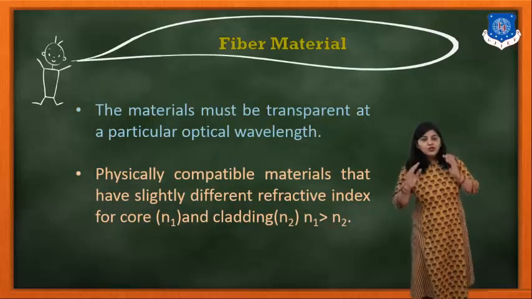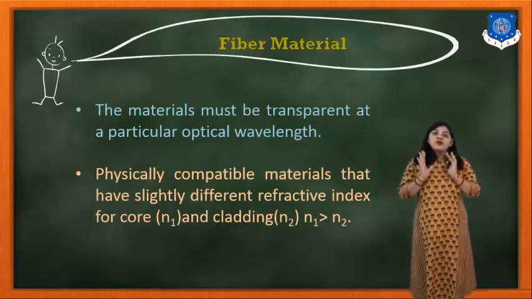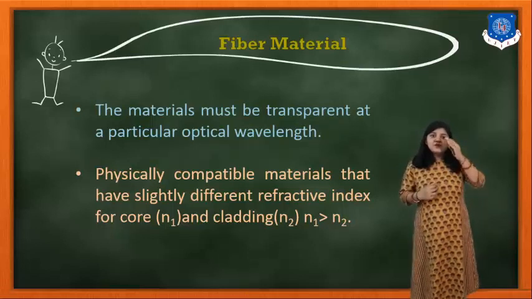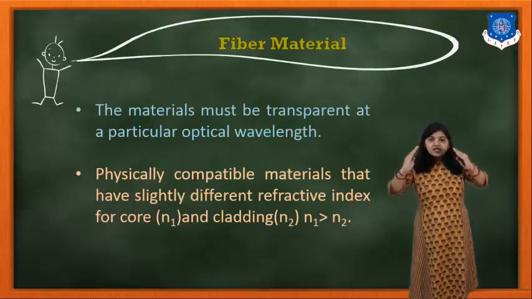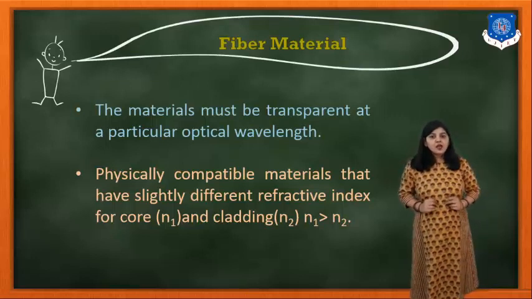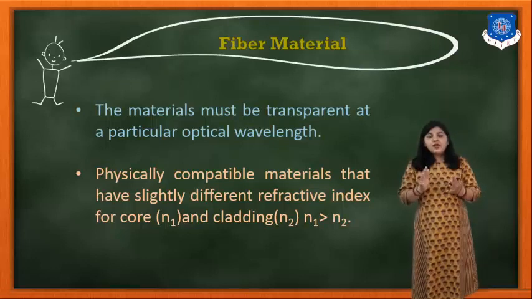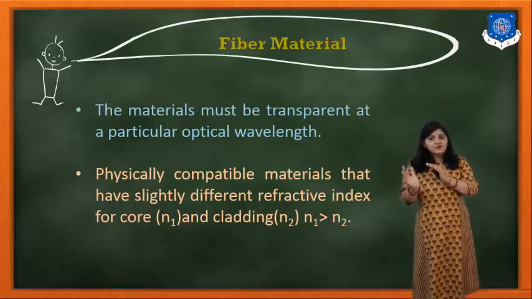Again, when you want to make the multi-mode graded index fiber, knowing that in the graded index fiber the refractive index value is gradually changing, while you are using one material, the other material has a different refractive index.